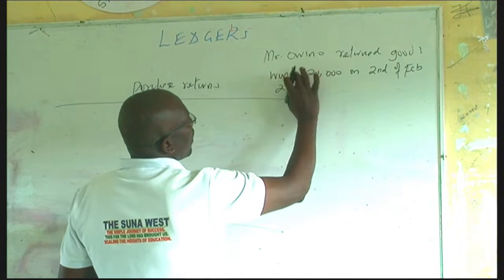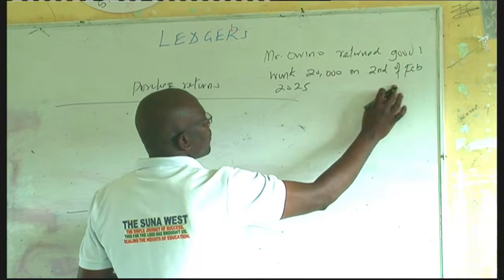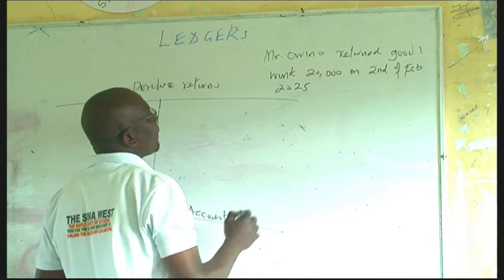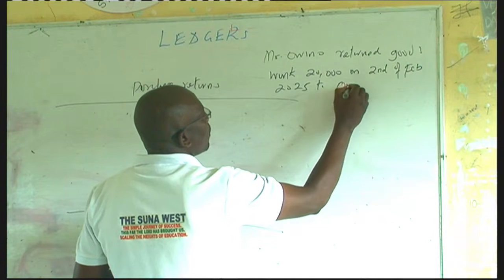So returned goods that were bought on credit worth 20,000 on 2nd of February 2025 to Omolo.